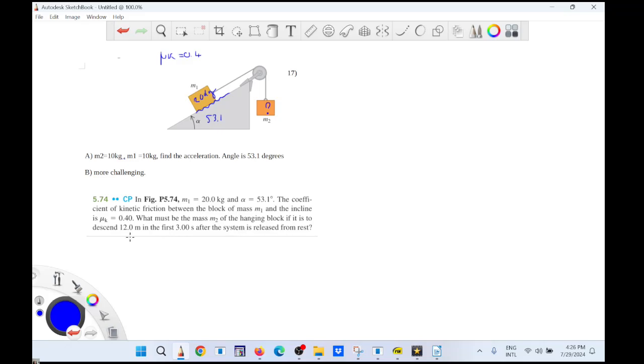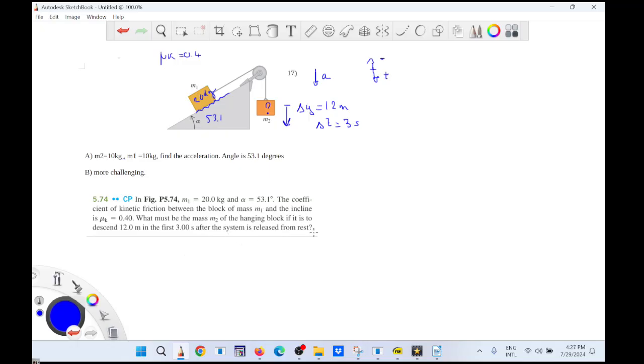It descends when delta y is 12 meters. I'm going to take down to be positive, because I like to have the acceleration to be positive. So the displacement is 12 meters, and the time elapsed is 3 seconds, before it hits the ground.